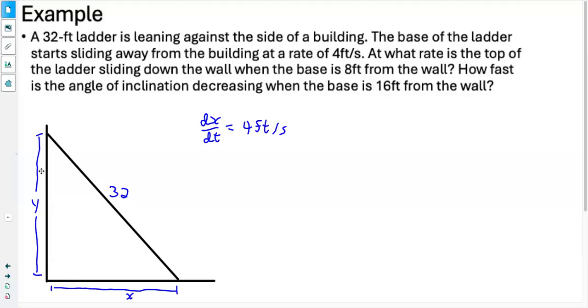And we want to solve for how fast this is coming down. So dy/dt, and it's saying when it's 8 feet from the wall, so that's when x is equal to 8.